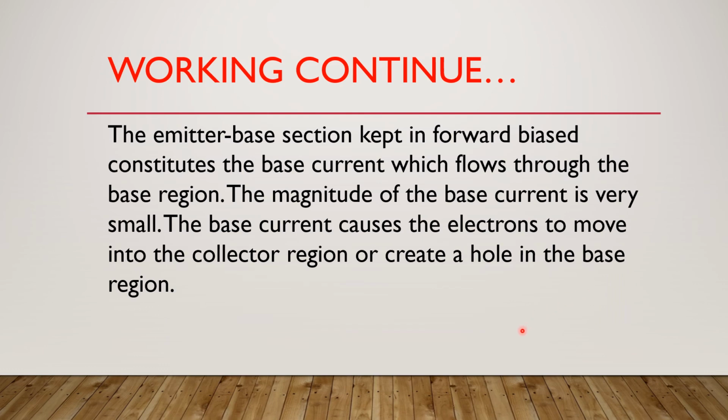Here is the explanation of working of the transistor. The emitter base section kept in forward bias, as we discussed earlier, constitutes the base current which flows through the base region. The magnitude of the base current is very small. The base current causes the electrons to move into the collector region or create holes in the base region.